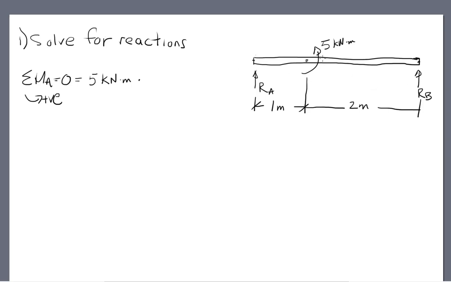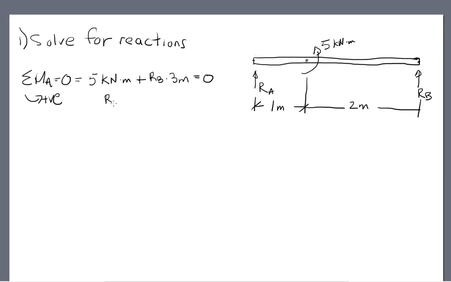So again, this 5 kilonewton meters is in a positive orientation. And then we're going to add, since this is also forcing the beam about A to rotate in a counterclockwise direction, R_B times 1 plus 2 meters, which is 3 meters. And again, all this equals 0.